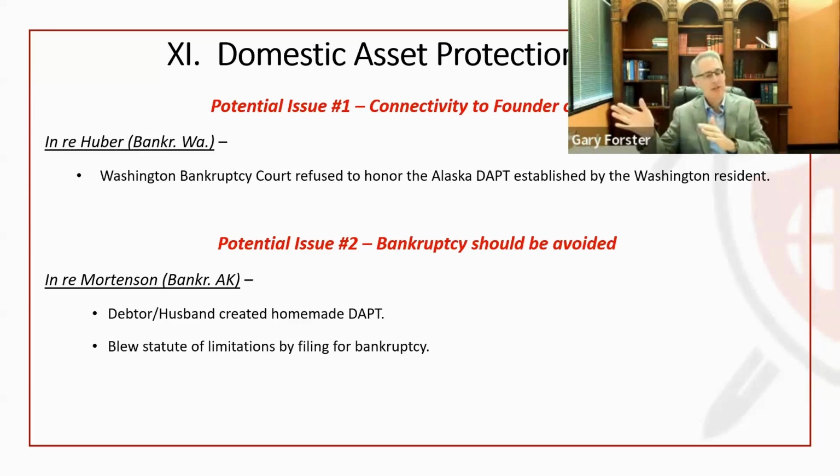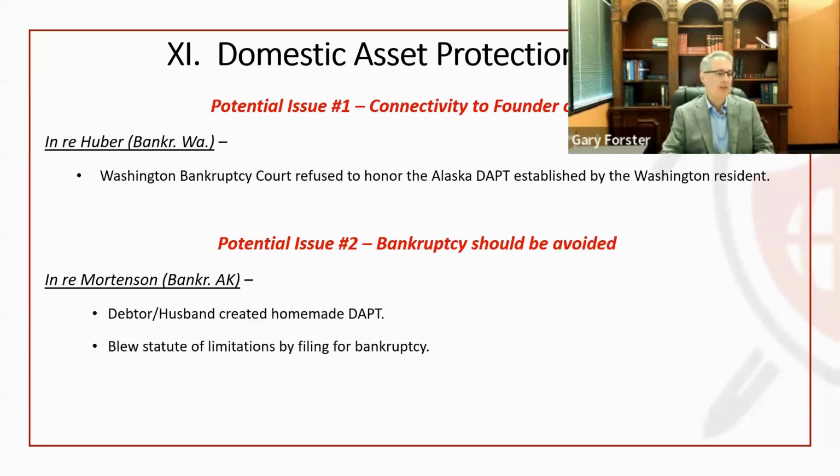Huber had a co-trustee that was from Washington State, his state, in terms of controlling the trust. All the assets were in Washington State, all its connections were in Washington State, and the bankruptcy court was in Washington State. The Washington State Bankruptcy Court said, what we're going to do is we're going to call it a Washington State trust.